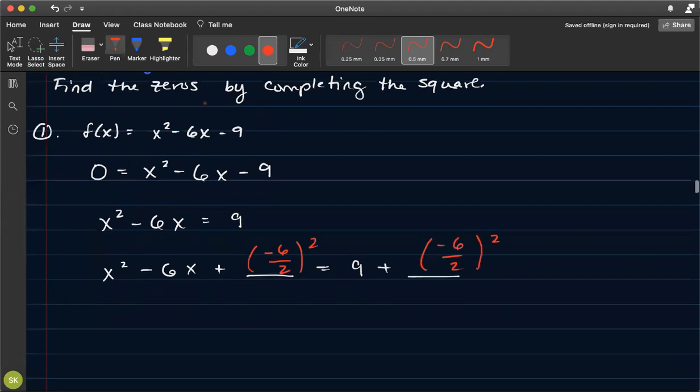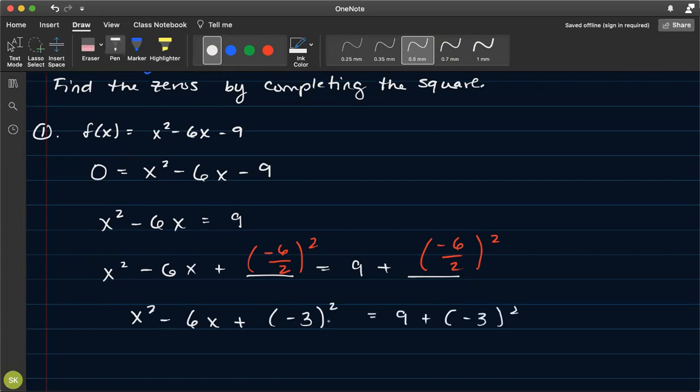Okay, so let's simplify that. This is x squared minus 6x plus, in parentheses, a negative 3 squared. And over here, I also have a negative 3 squared. So all I did to the original equation was add something right here, and add something on this side.